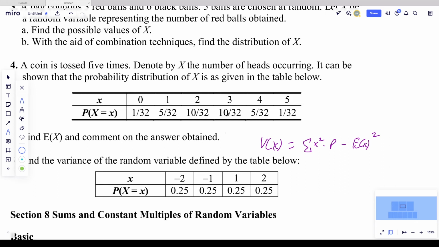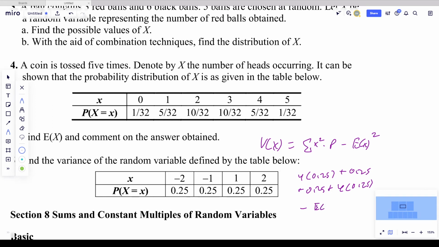I asked if it's a new table, because if it's the old one, we could have just used the expected above. Anyways, I'm not going to do the calculations, but just x squared. So 4 times 0.25 plus, because it's getting squared, 0.25 times 1, plus 1 squared again times 0.25, 2 squared, so 4 times 0.25, minus the expected, which is this times this plus this times this, and it's calculator work.